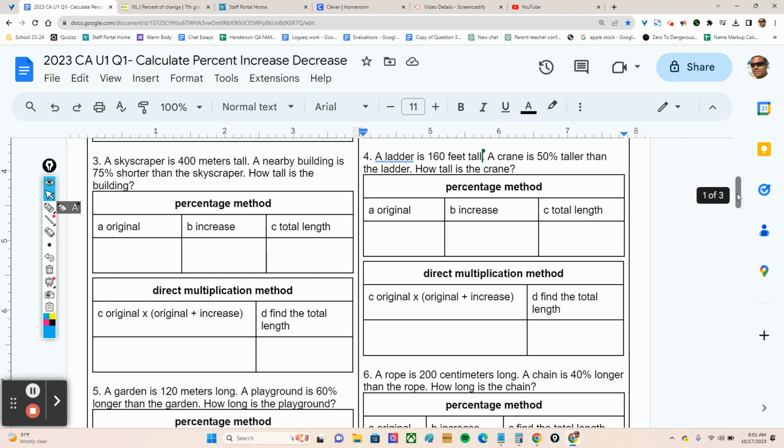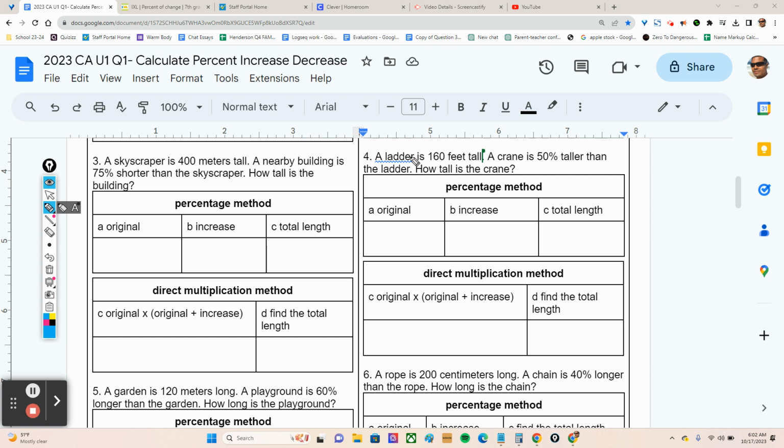It's broken down and organized into a graphic to show you the two types of methods: the percentage method and the direct multiplication method. So let's get started. For question three, you know what? I probably should do question four first. So let's do question four.